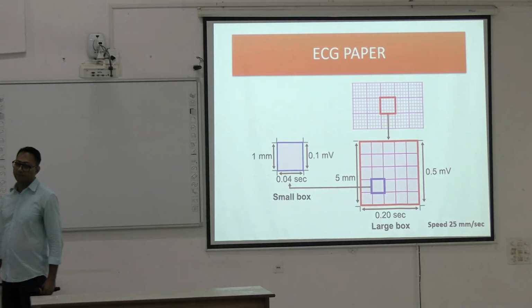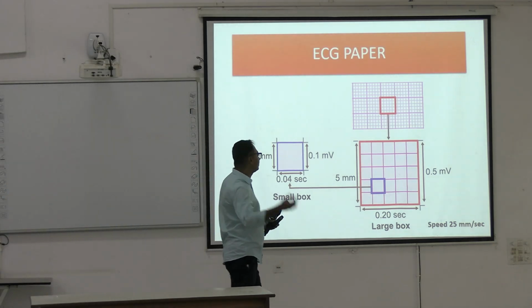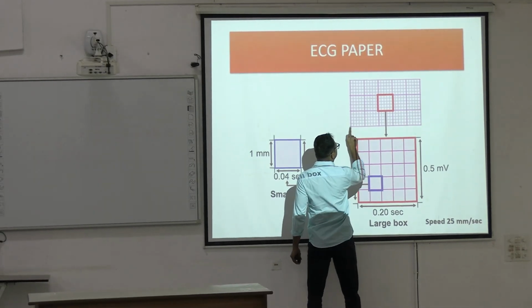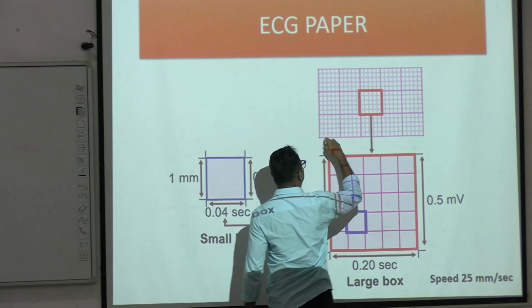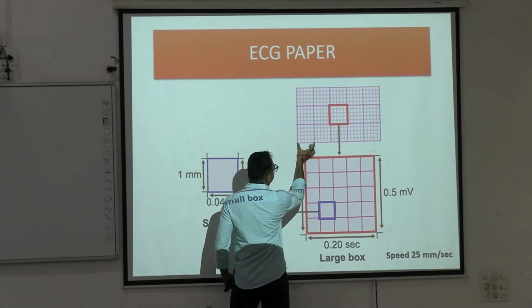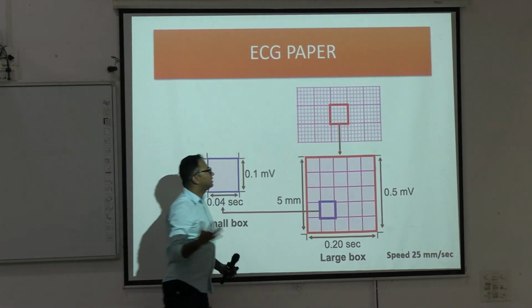Right? Simply I can do like this. Say for example, the same R wave. I am putting a positive deflection, it is starting here and it is ending here. And you told me that the height is 1.5 millivolt. Now tell me the duration of this wave. One wave is this, starting here and ending here. What is the duration?